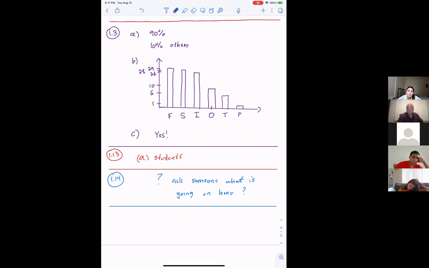Is anyone following along with my reasons why this is bad? Because now I'm saying even B I don't like, because B doesn't say bar graph. So I really don't like any of these three. Unless there is no other, and therefore, well, the other would be none of them. It's a very bad question.